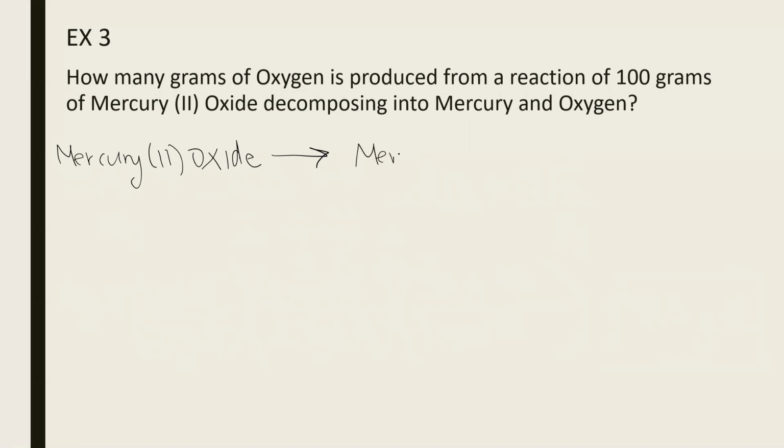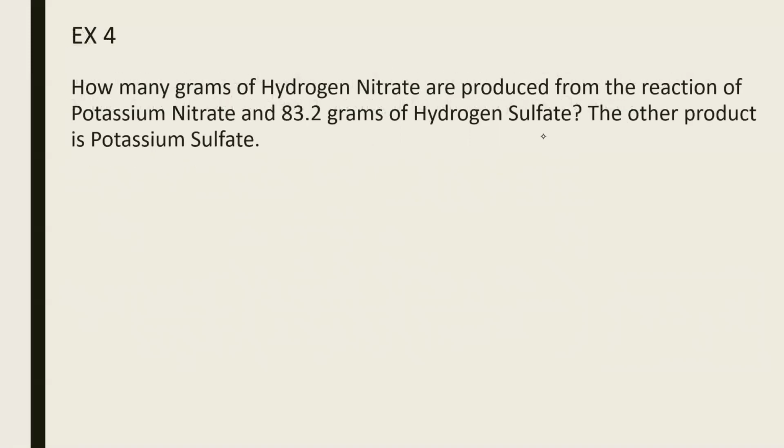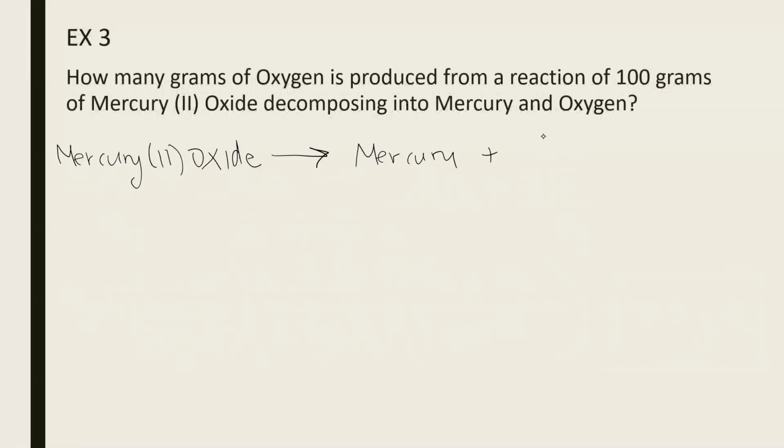Mercury and oxygen. That's my equation. How many grams of oxygen is produced from a reaction of 100 grams of mercury 2 oxide.